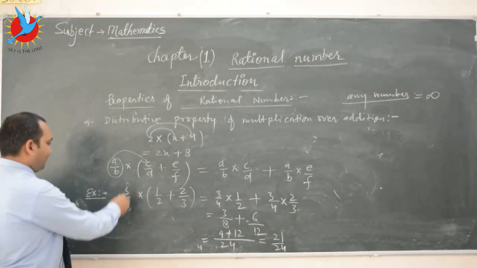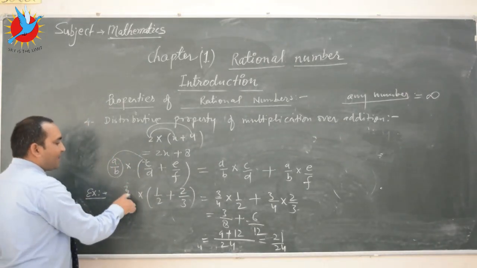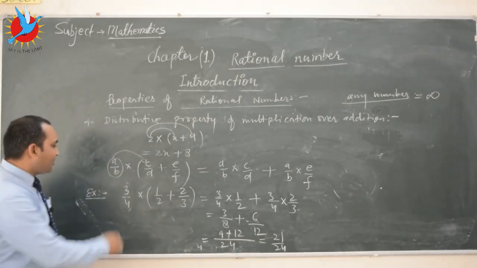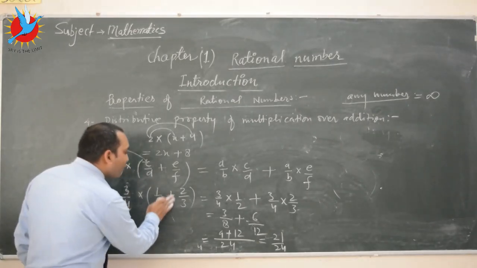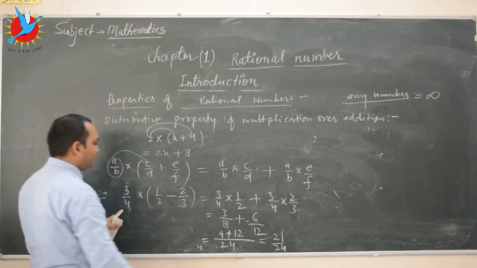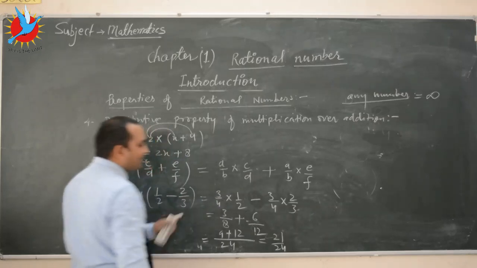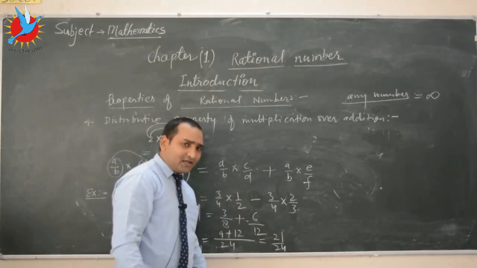So this is the distributive property of multiplication over addition, and similarly the distributive property of multiplication over subtraction we can solve. Here, in place of the plus sign we write a minus sign and calculate the rational number.